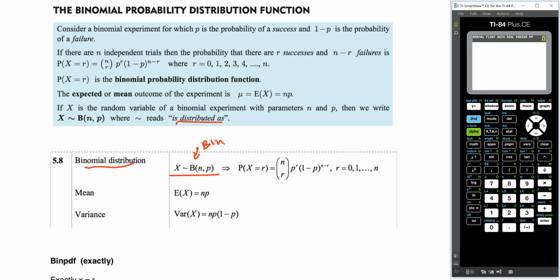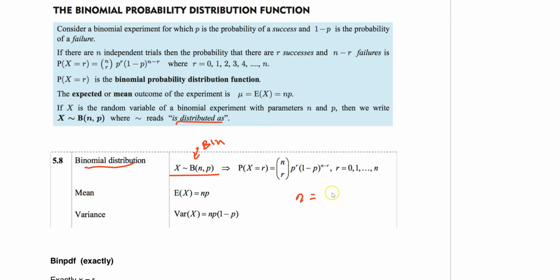So there are a few variables here. There's n, the total number of trials. Like when we flip our coin 100 times, n is 100. And then you see p. p is the probability of success.